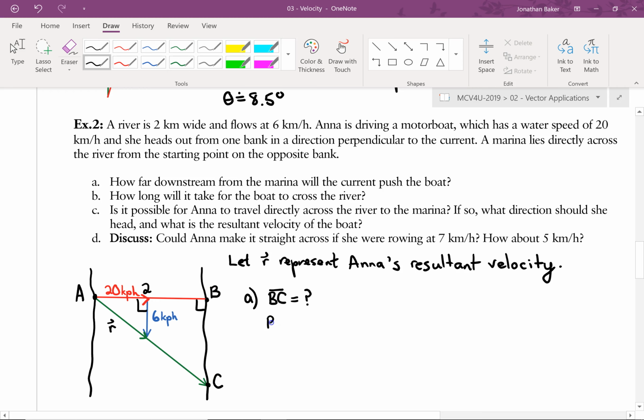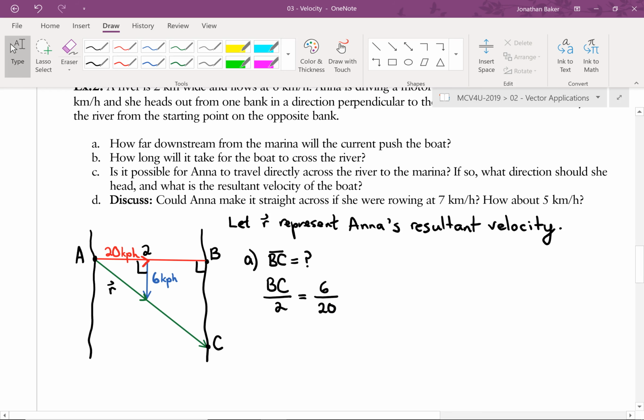We'll say BC, this side, divided by this side, which is 2, is going to be equal to, in this case, 6 divided by 20. So 6 over 20. Doubling everything, BC is going to be 6 over 10, which is 3 over 5 when all is said and done, approximately 0.6 kilometers.